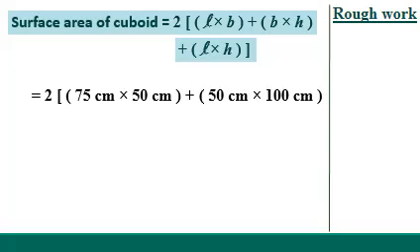Again we are going to put the sign of addition as it is, and then within the round brackets we are going to write down the value of length, which is 75 centimeters, multiplied by height, which is 100 centimeters. We are going to close the round bracket and we are going to close the square bracket as well.